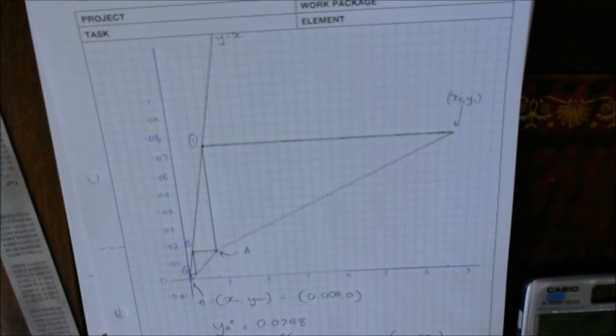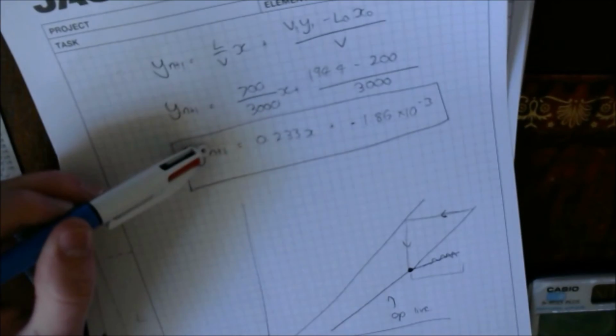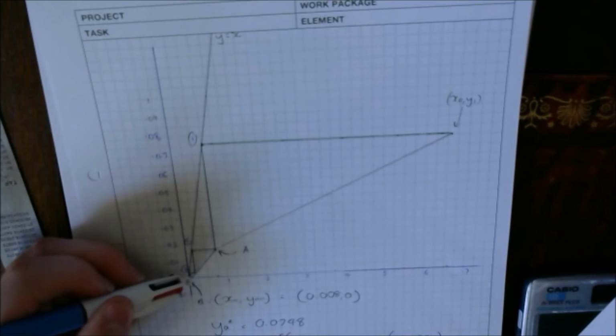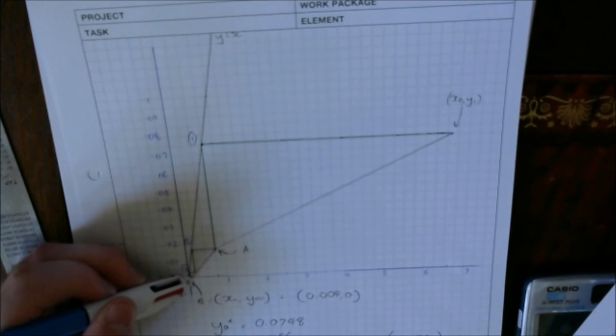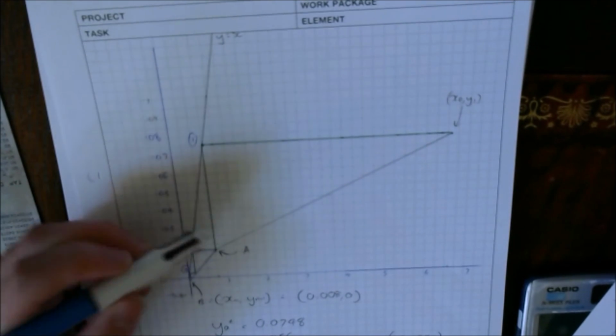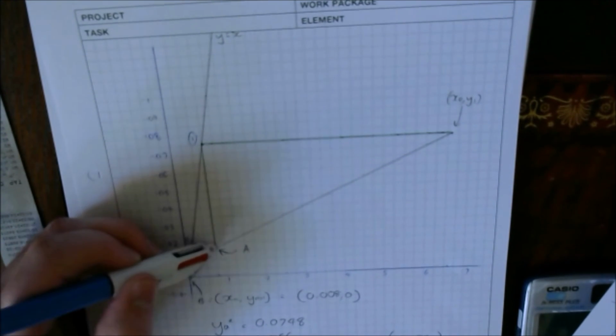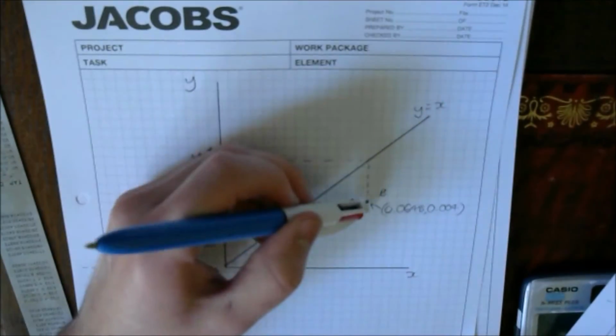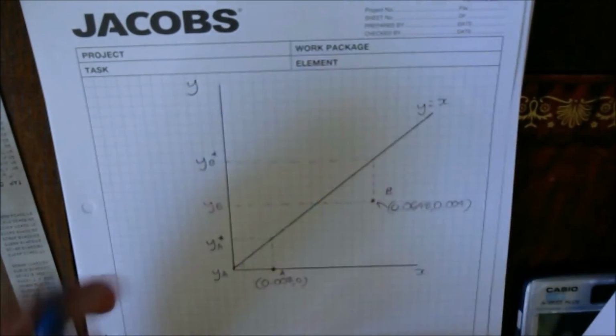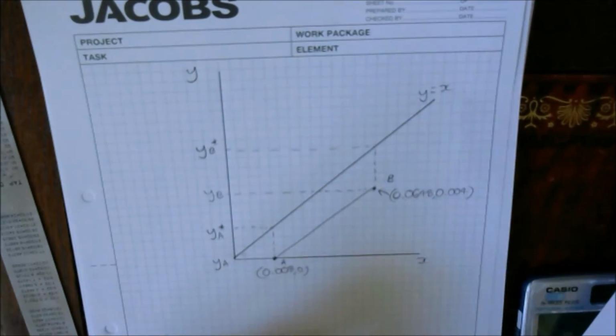So really we have all the information that we need in order to solve the McCabe-Thiele method. We've got our operating line here, and we simply draw that operating line between our end point, or our nth stage point, and we draw that all the way along to our second stage, which we calculated back when we did our analytical method. So simply connecting these two points from here to here.